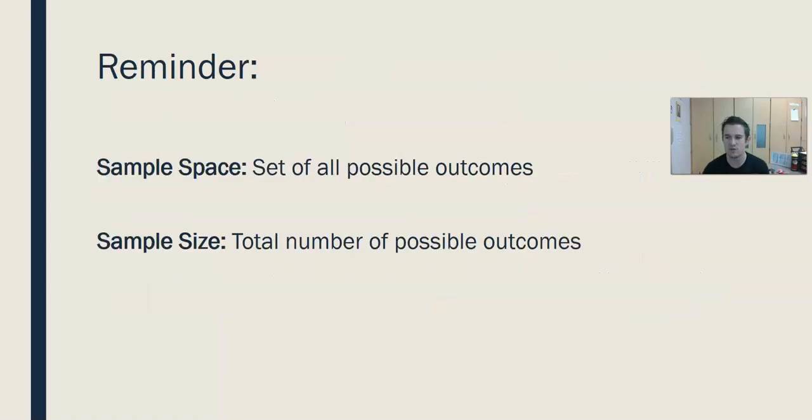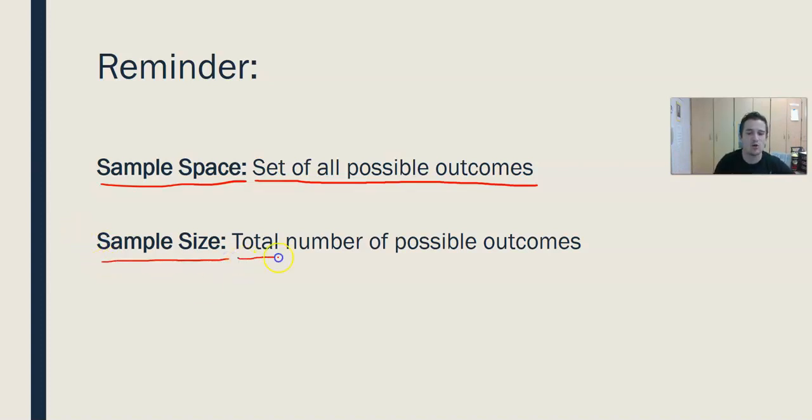So when we're starting to talk about probability, let's remind ourselves of a couple terms and definitions. A sample space is the set of all possible outcomes. We talked about sample spaces when we were talking about set notation. The sample size is the total number of possible outcomes.